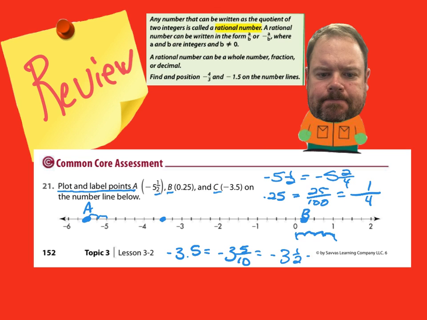But if you want to deal with the fourths, it's negative 3 2/4, because 2/4 and 1/2 are equivalent. So negative 3, negative 3 1/4, negative 3 2/4. So we plot that and have C. So there is points A, B, and C.